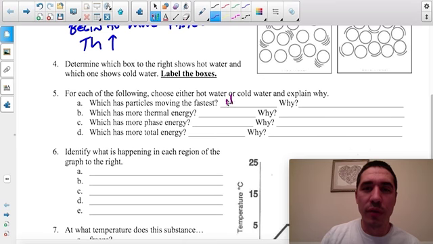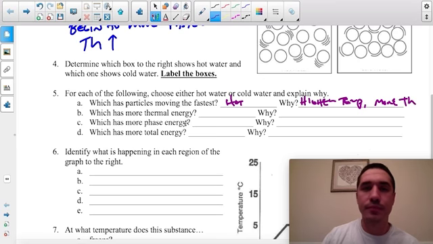So the hot water does, because it has a higher temperature, that means it has more thermal energy. Which one has more thermal energy? Well, I guess we already answered that one, the hot one. Why? The higher the temperature, the more thermal energy.